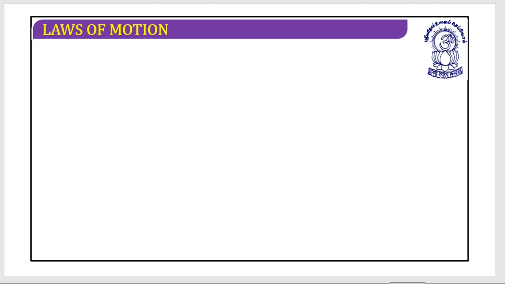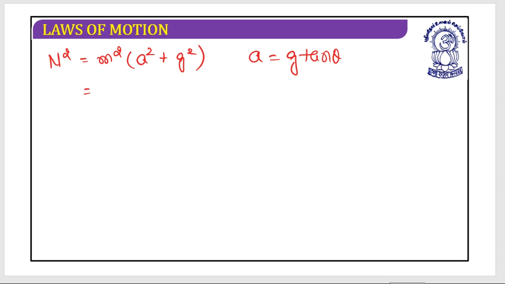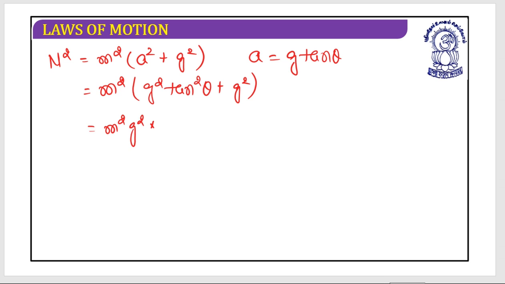Is it clear? Now I have n square equals m square into bracket a square plus g square. I know that a equals g tan theta. So this can be written as m square into g square tan square theta plus g square, which equals m square g square into 1 plus tan square theta, and that is sec square theta.